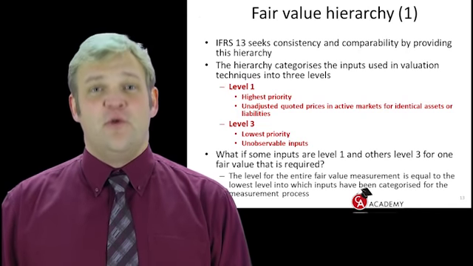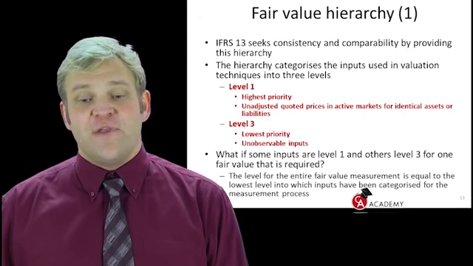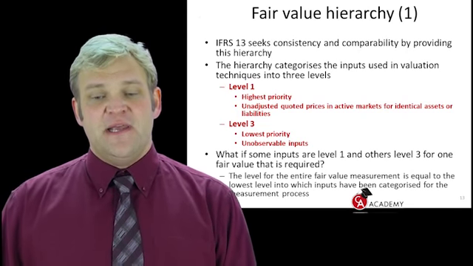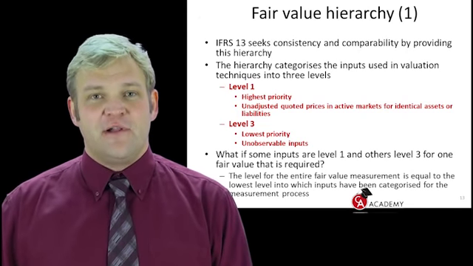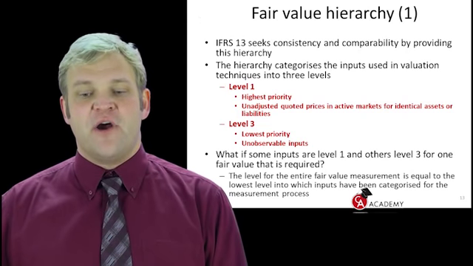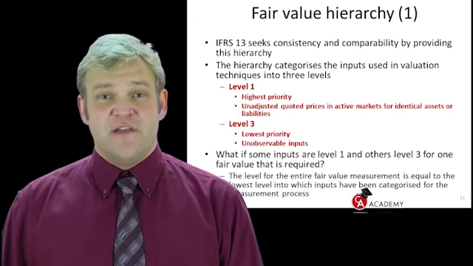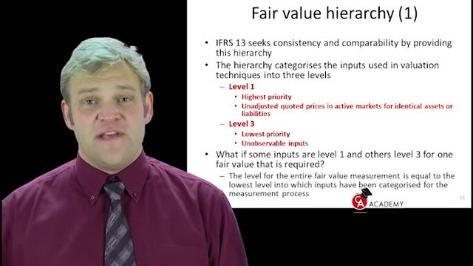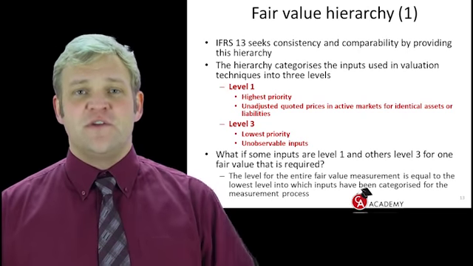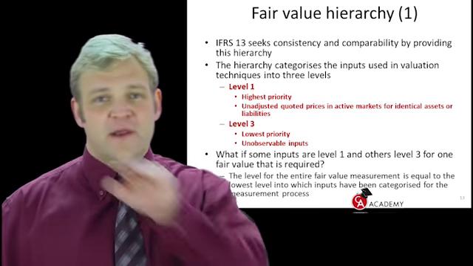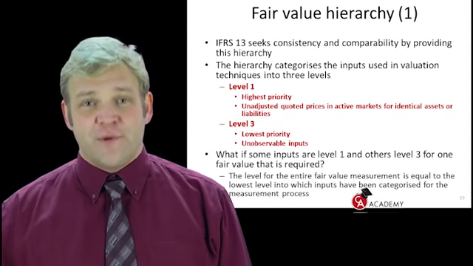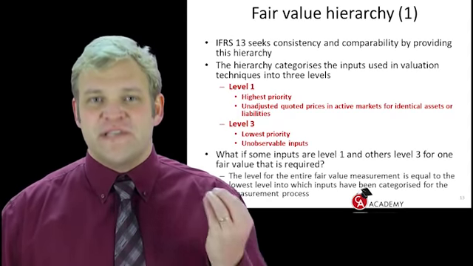So remember that, worst case scenario, the level for the entire fair value measurement is equal to the lowest level into which inputs have been categorized for the measurement process. So the standard is quite severe on this and is not going to allow you then to play in level 2 or in level 1. You're right at the bottom at level 3 because that's where some of your inputs came from.